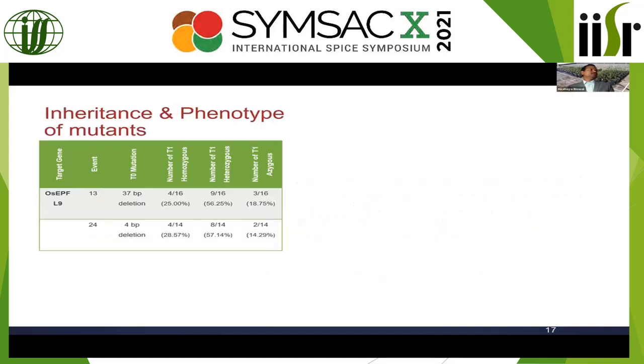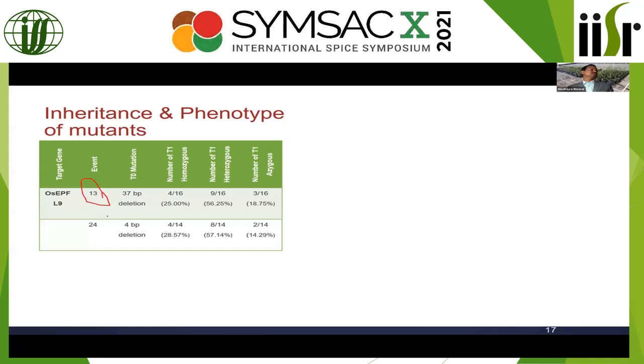So we tried to see the inheritance pattern of the mutations. We took two events, one having a 4 base pair deletion.